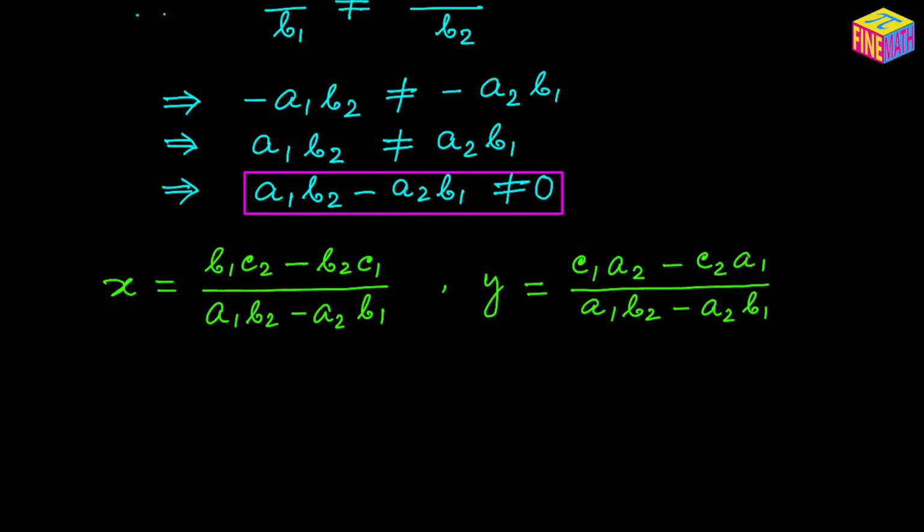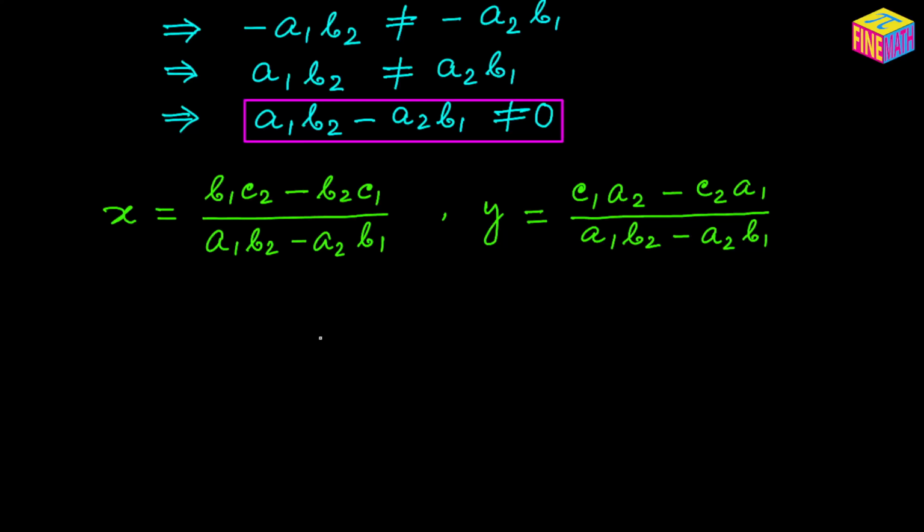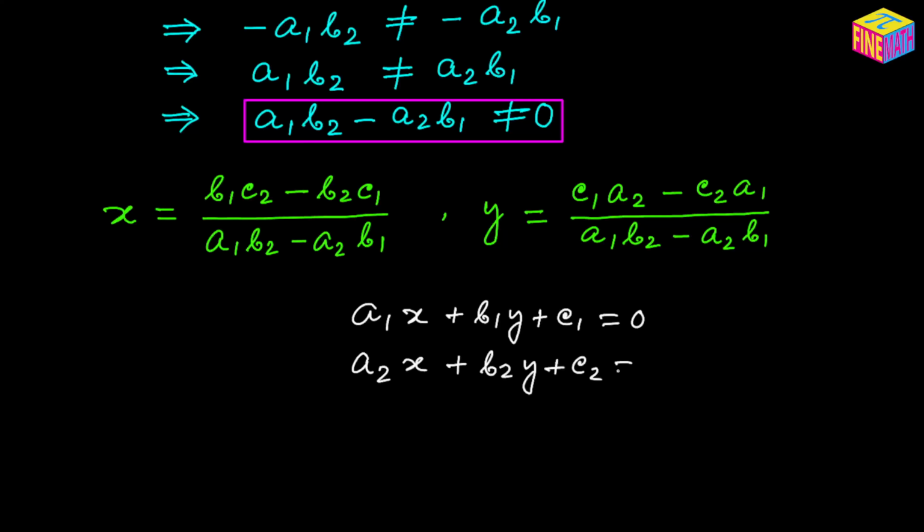And actually the way it works, if our equations are like this, let's say we have a sub 1 times x plus b sub 1 times y plus c sub 1 is equal to 0, and the second equation is a sub 2 times x plus b sub 2 times y plus c sub 2 is equal to 0.